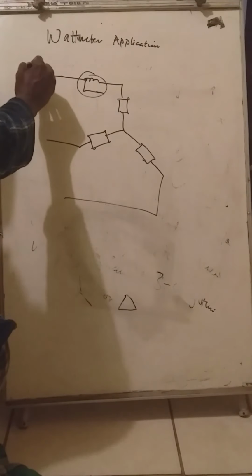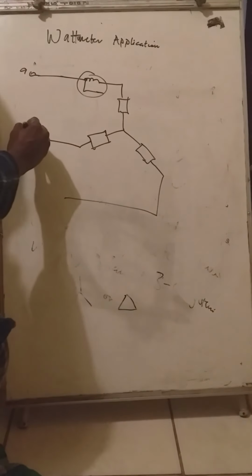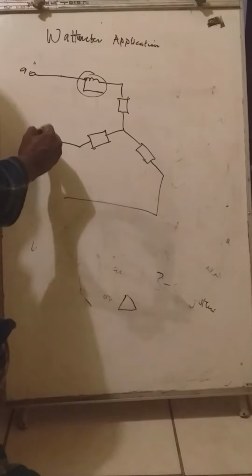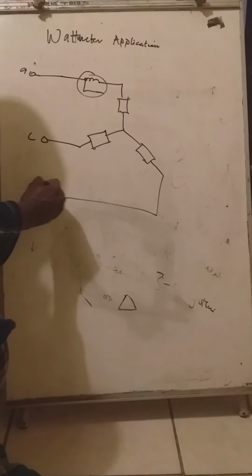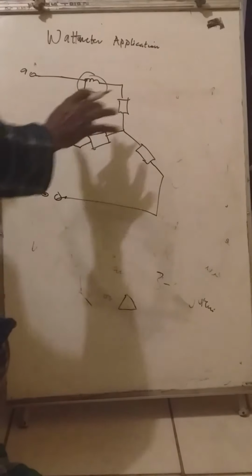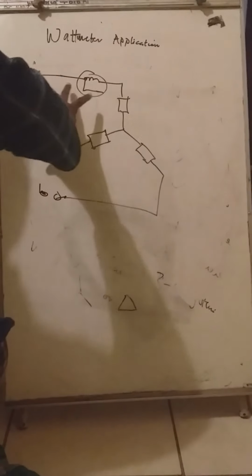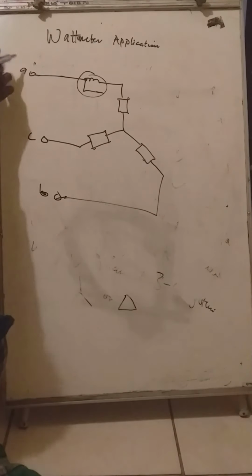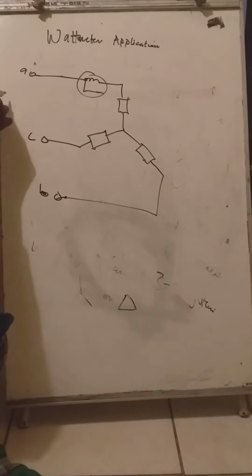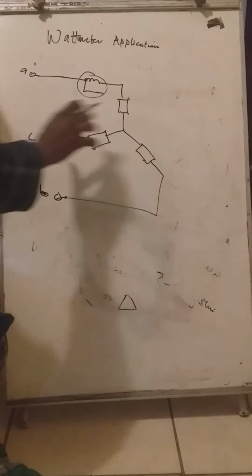This is line A, C, and B. This is going to the load. This is representing the load. This is coming from the supply, from the supply to the load.